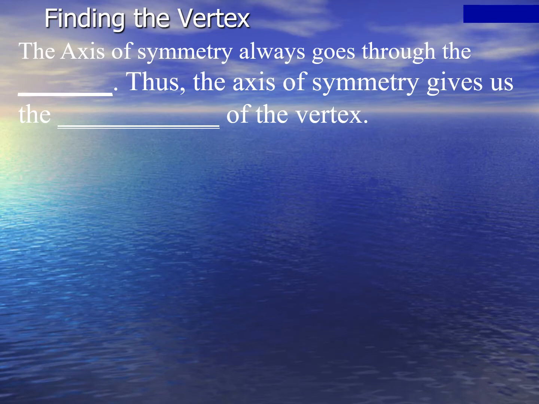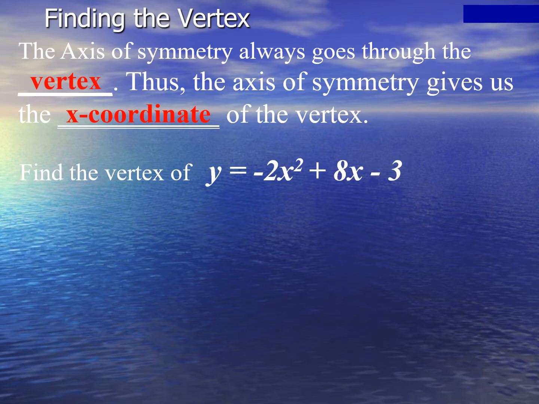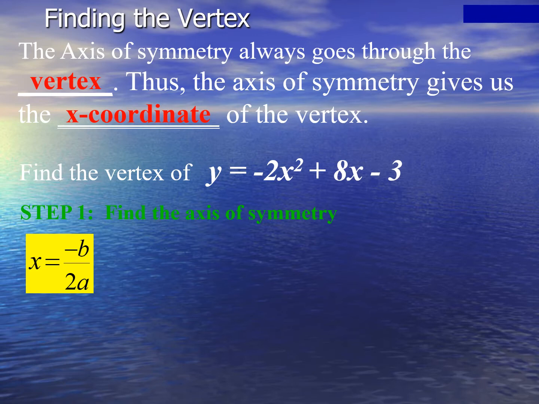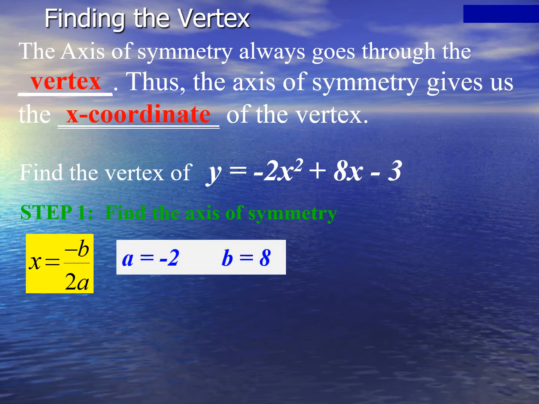The axis of symmetry always goes through the vertex. Thus, the axis of symmetry gives us the x-coordinate of the vertex. So once we find the axis of symmetry, we can also determine the vertex. Find the vertex of y equals negative 2x squared plus 8x minus 3. The first step is to find the axis of symmetry using the formula x equals negative b over 2a.